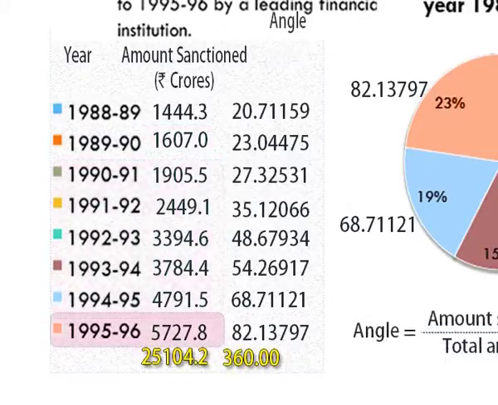In the financial year 1995-96 they sanctioned an amount of 5727.8 crores. Now, the question is how these data can be shown by using a pie chart.